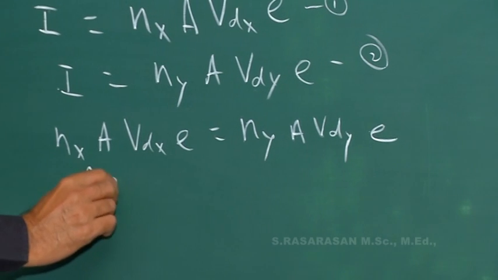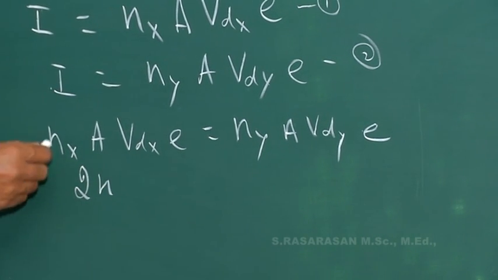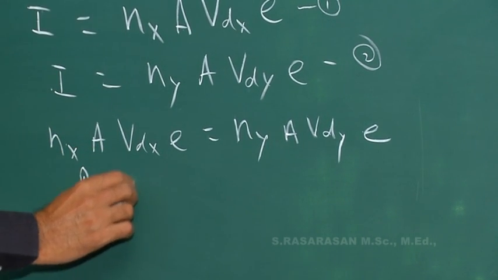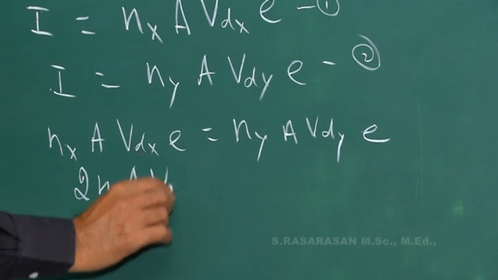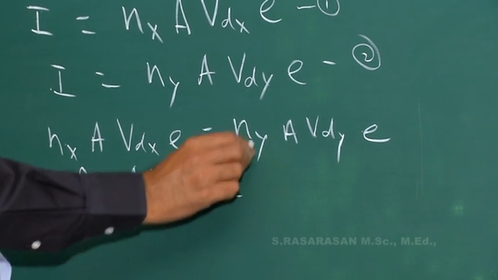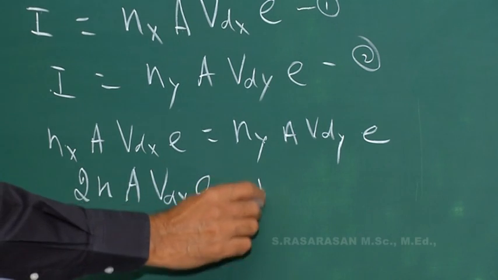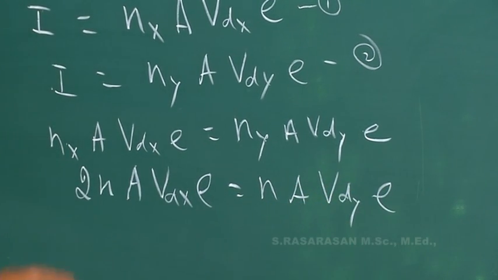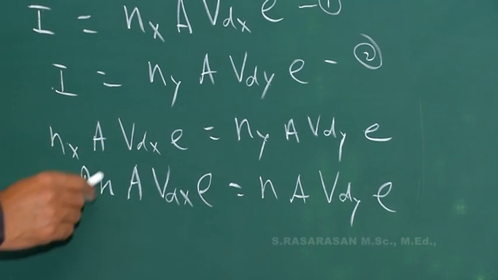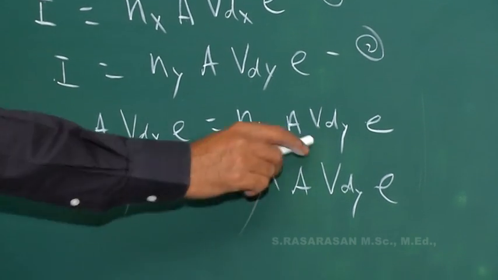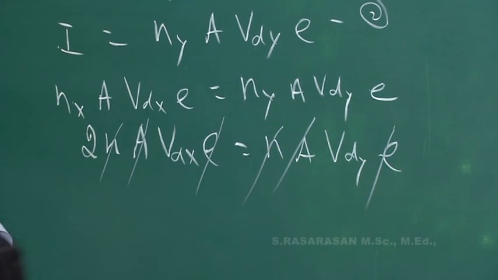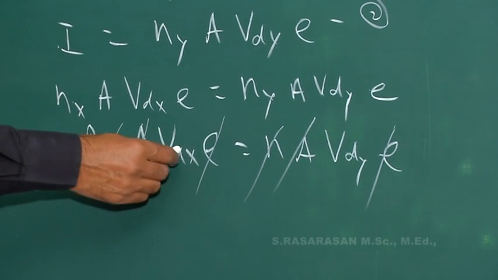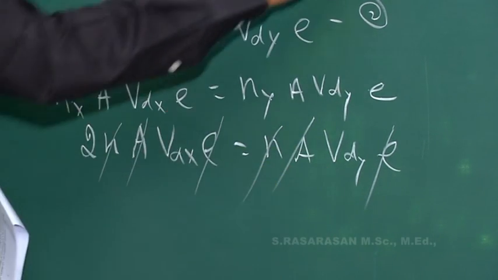Number density differs, that is the only problem here. So for Nx, it is 2n A Vdx e. Number density in Y is n A Vdy e. So you can cancel n, cancel A, cancel e. What is your aim? Vdx by Vdy.